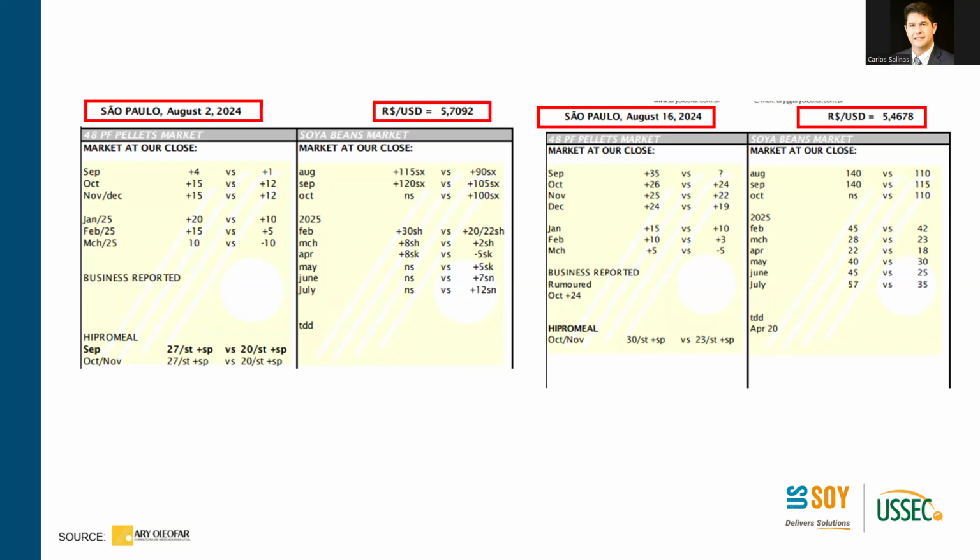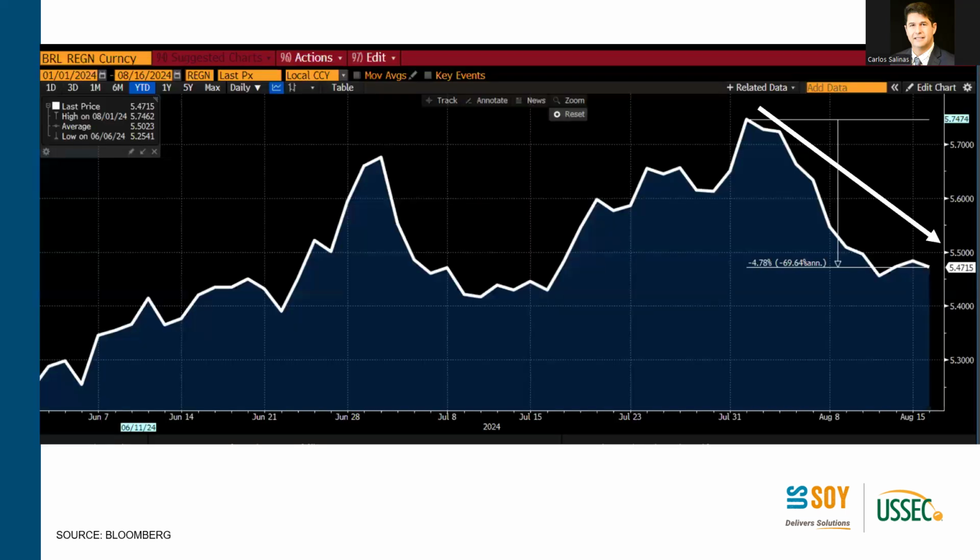If we take a look at the changes since the beginning of the month, we've seen an appreciation of about 5%. This is obviously not good for the Brazilian farmer. Not only are they also struggling with lower prices for their products, but all else being equal, a stronger Brazilian real means that the Brazilian farmer is receiving less reais for their bushel or metric ton of soybeans.